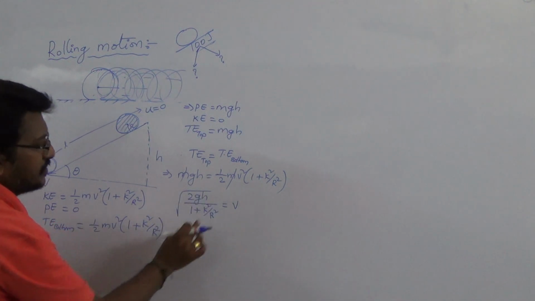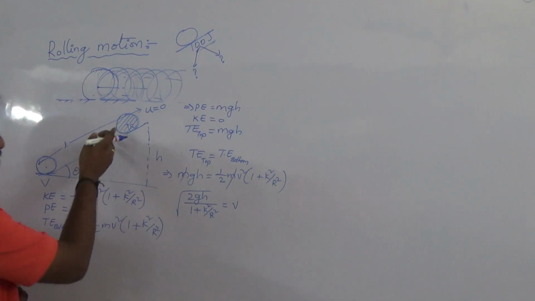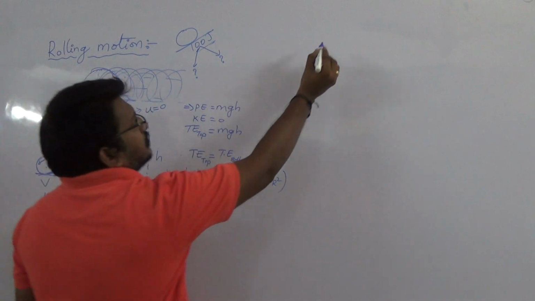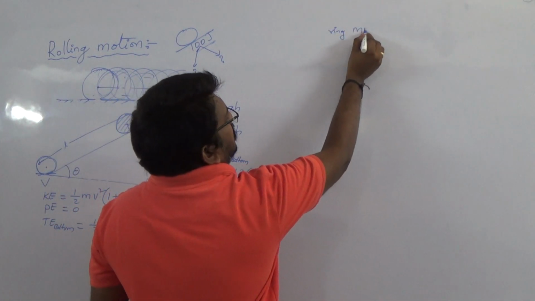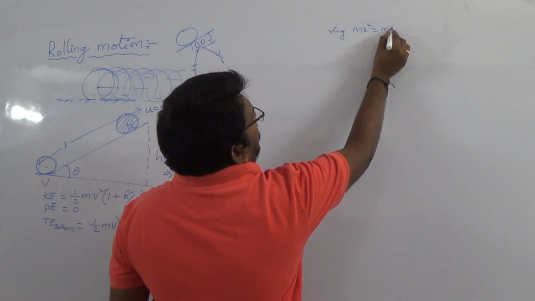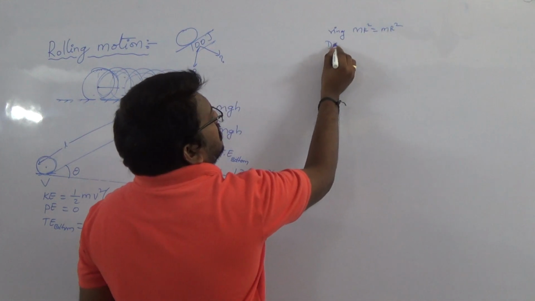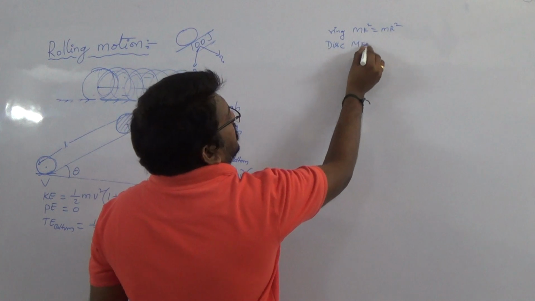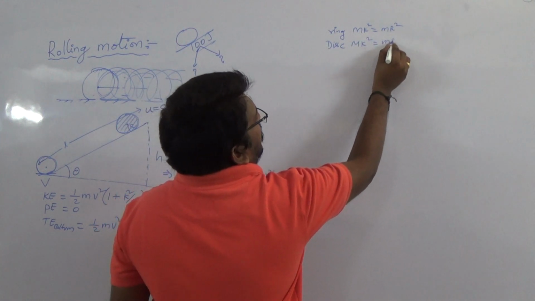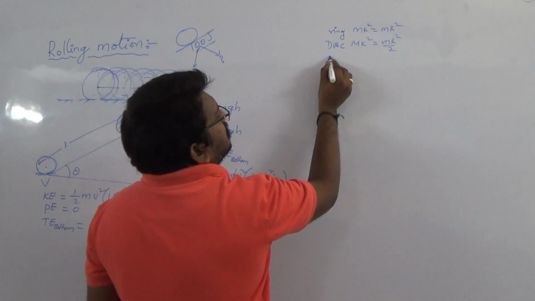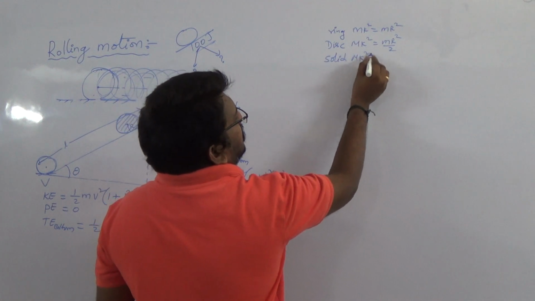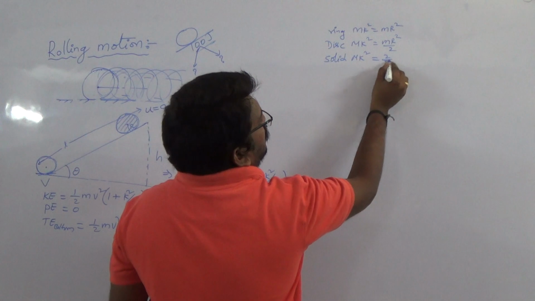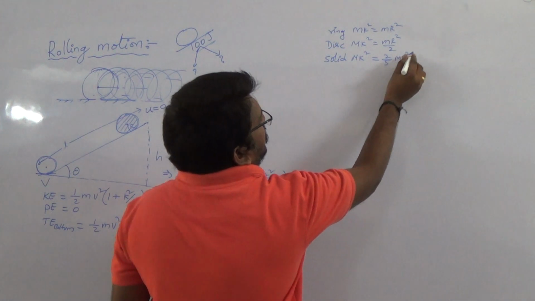In the case of a ring, mk square is equal to mr square. Disk: mk square is equal to mr square by 2. Solid sphere: moment of inertia is 2 by 5 mr square.